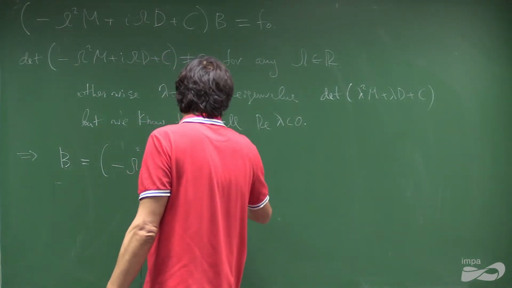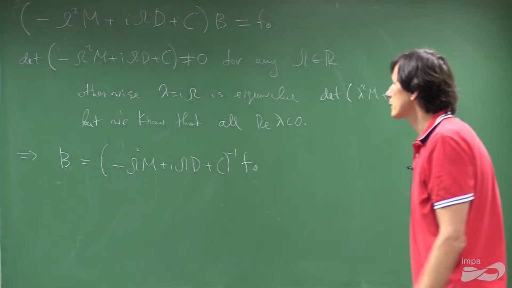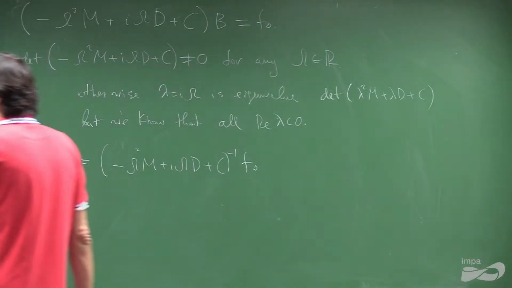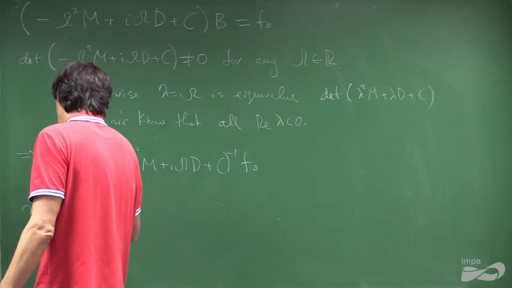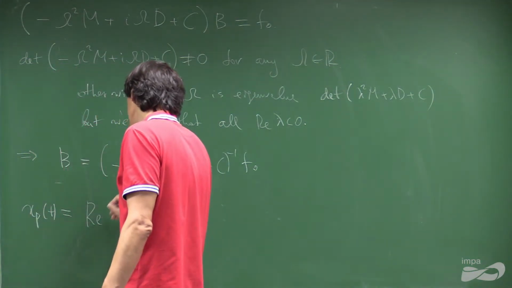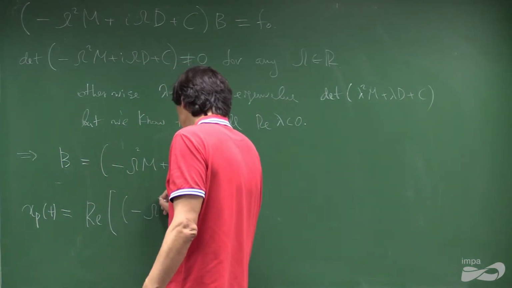So it's your inverse complex matrix. And essentially that's it. Then we find the particular solution as the real part of this whole expression.